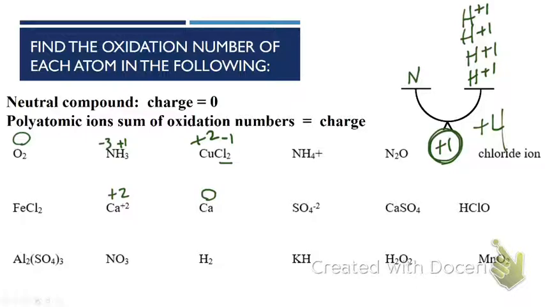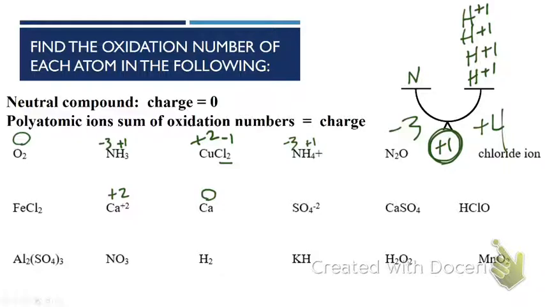What does nitrogen's oxidation number have to be to add up to +1? Something plus +4 gives me +1. Well, that's going to be -3. So here, our hydrogen has that +1 oxidation number, nitrogen has a -3. Honestly, all of these oxidation numbers we've found so far are basically the same as the charges that these elements can and normally have according to the periodic table.